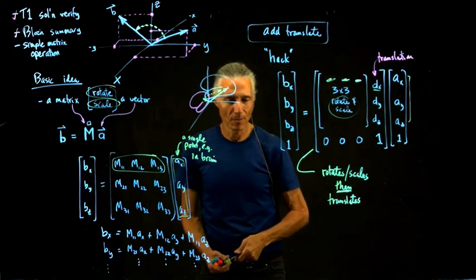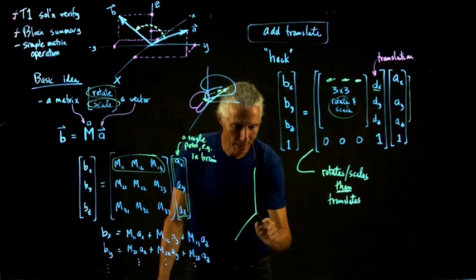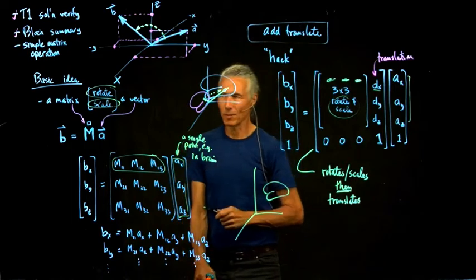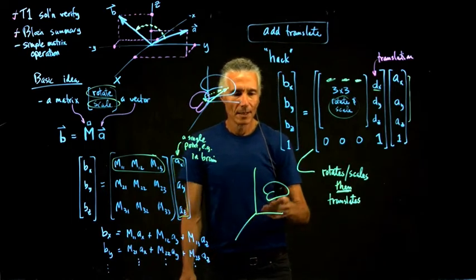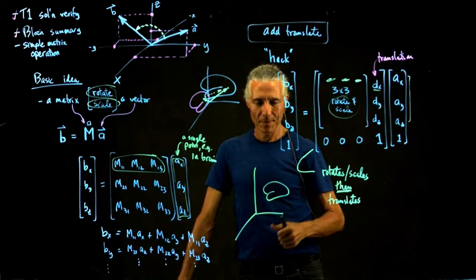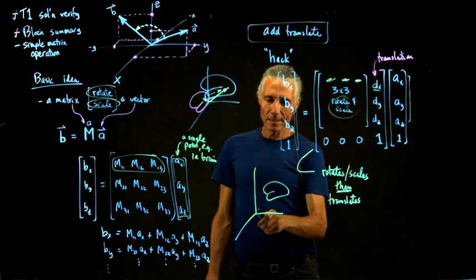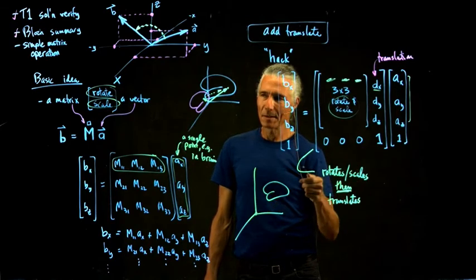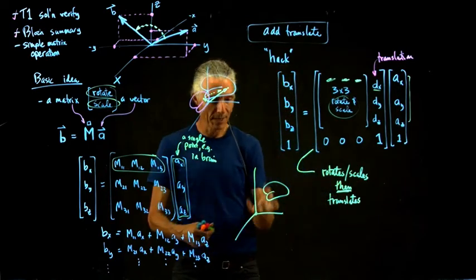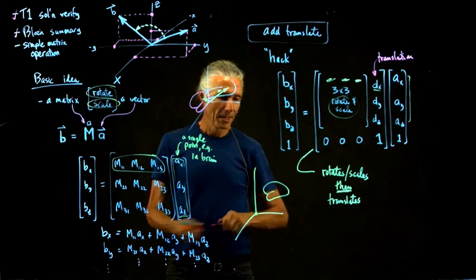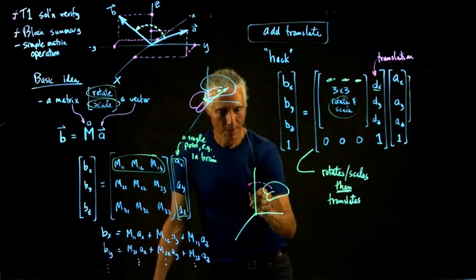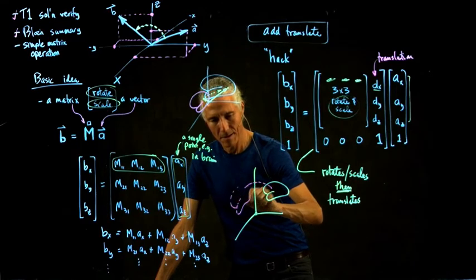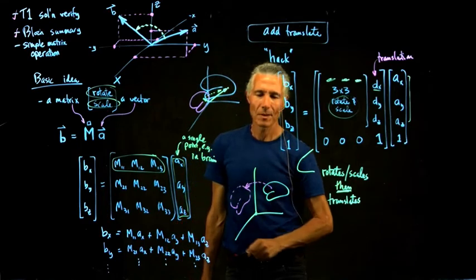For example, say you have a brain here and it's sitting up here, and we want to rotate it a little bit to line it up with another brain. If I just rotate it when it's offset like that, then say I rotate it this way, it'll just go over to here. But I didn't really want that.